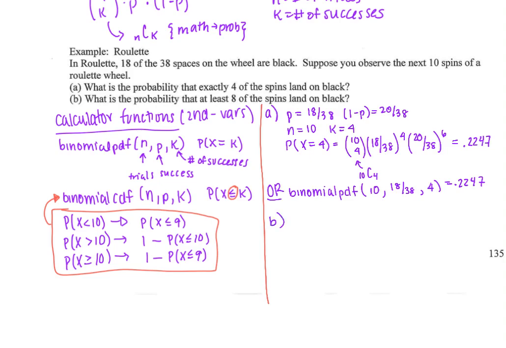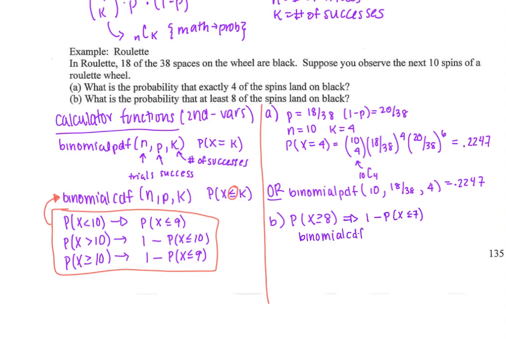Part B, it says, what is the probability that at least 8, so x is greater than or equal to 8. Well, I can't do that in the calculator, so I'm going to rewrite this to be the opposite of greater than or equal to 8, which is less than or equal to 7. So 1 minus the probability that x is less than or equal to 7. And so I'm going to use binomial CDF.